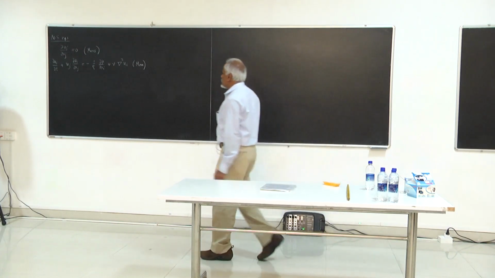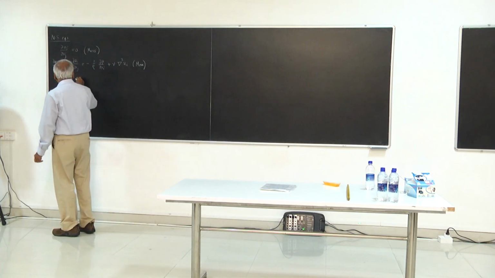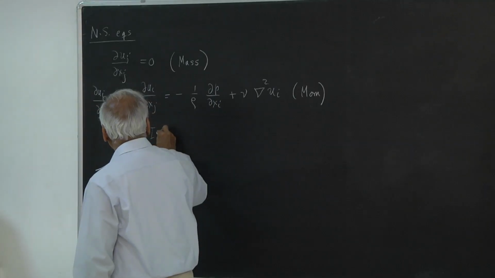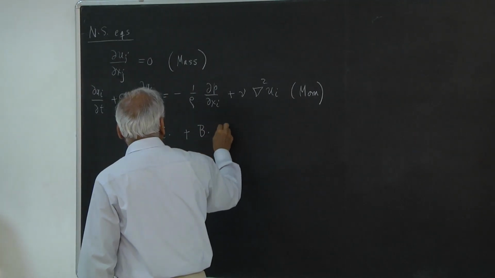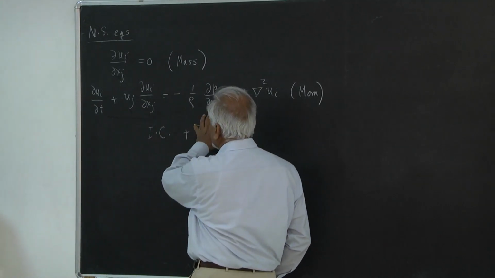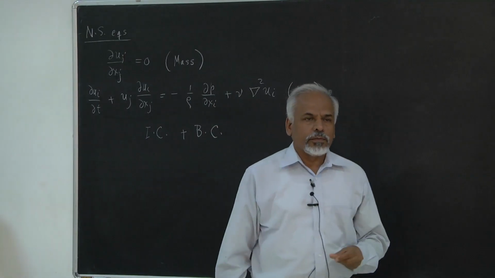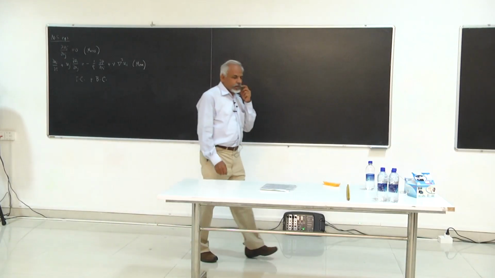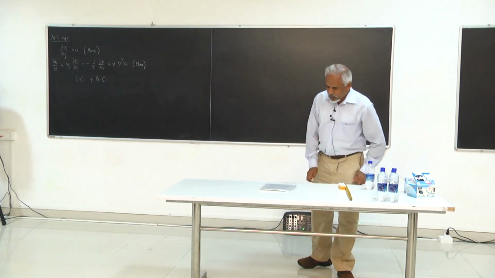Now, this is what you want to solve for any given flow. With the right initial conditions, you have to say what the initial conditions are, and you have to say what the boundary conditions are. And this will tell you what kind of flow you're solving and with what you start. So that's the problem, mathematically or computationally, anyhow, that is the problem.